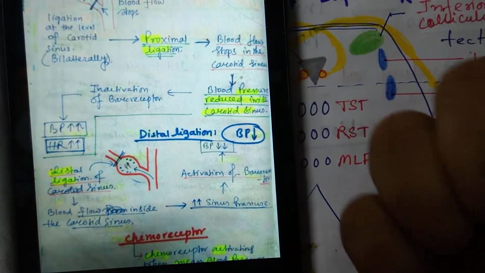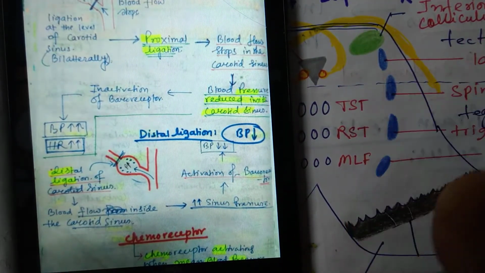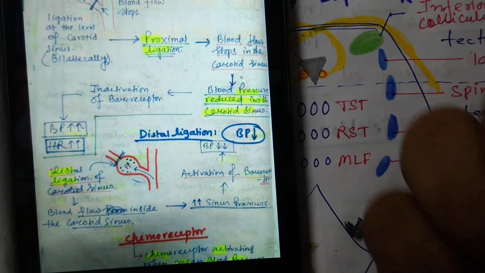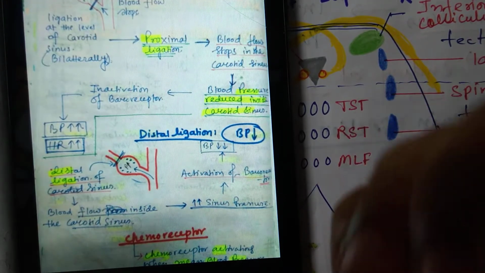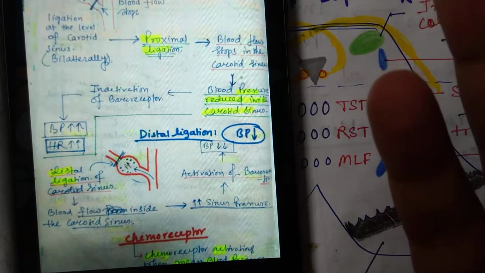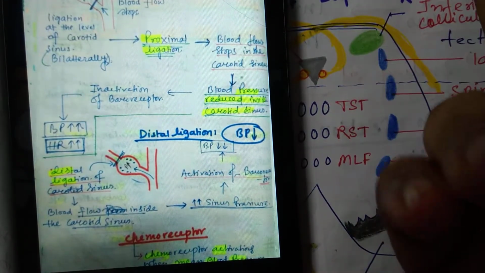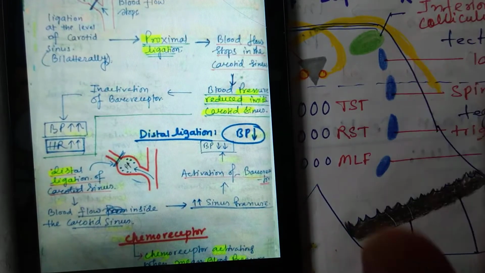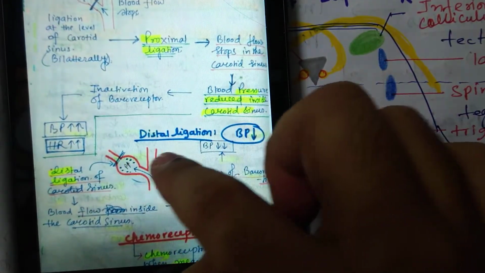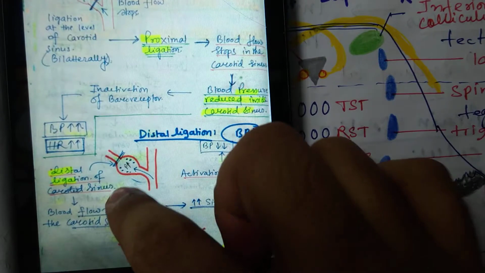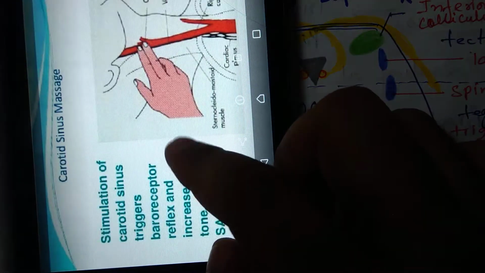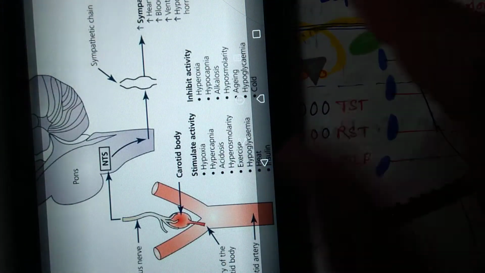Then the baroreceptor reflex is activated and they inhibit the rostral ventrolateral medulla of the medulla oblongata, and then blood pressure is reduced. Okay, fine. So that's a little bit about the carotid sinus.